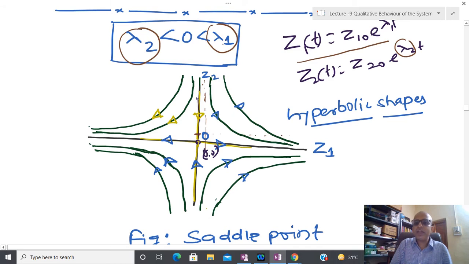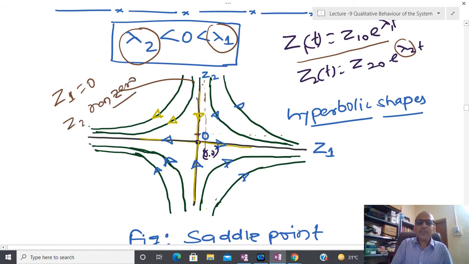On this other axis, Z1 equals 0 and Z2 is non-zero. Z2 is connected with lambda 2, which is negative, so Z2 is going to decrease.